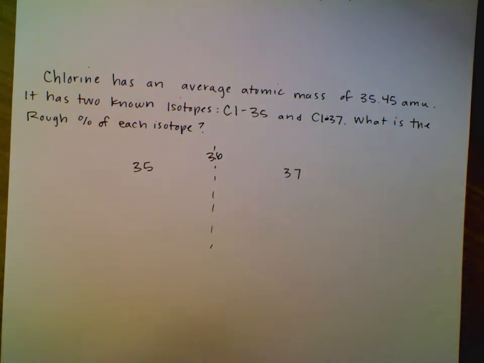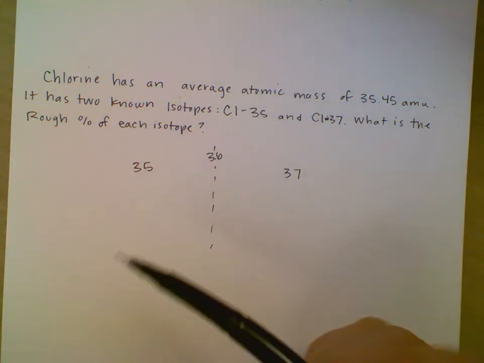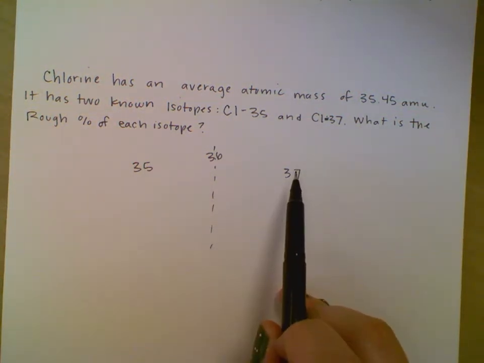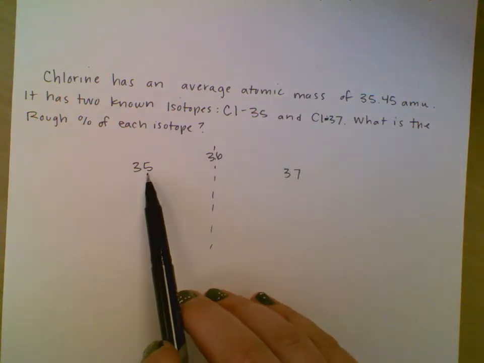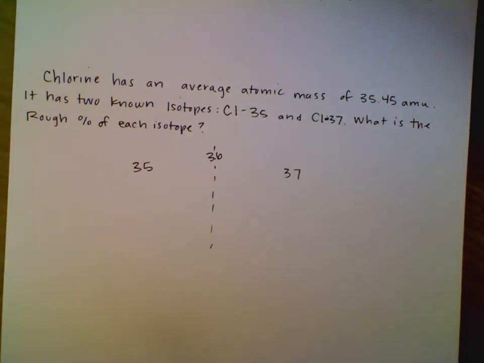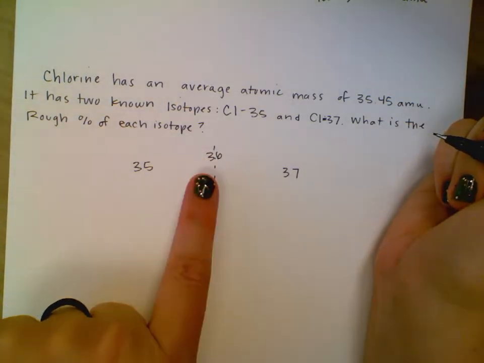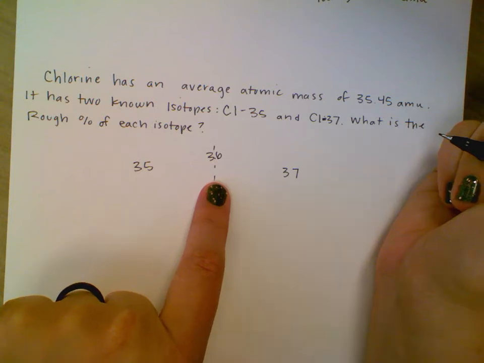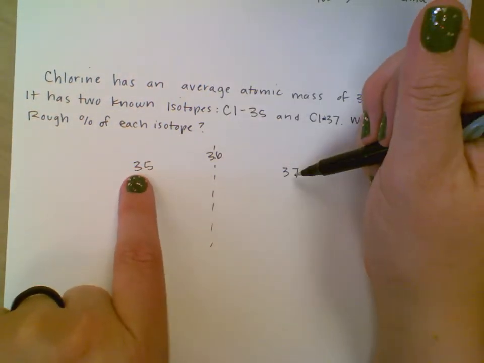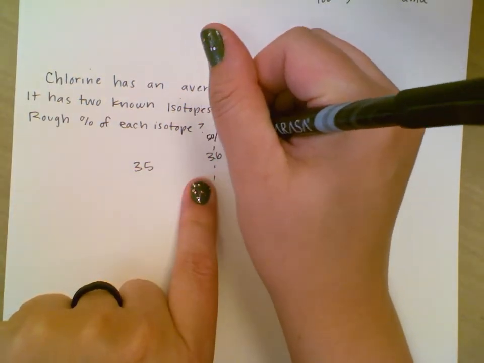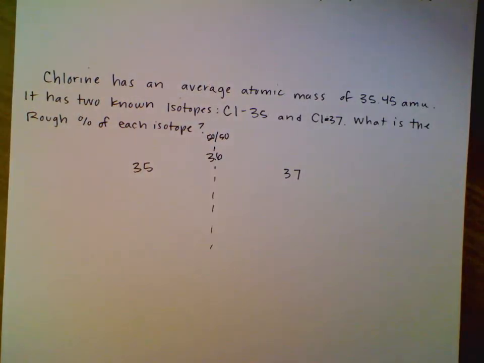So when we think about average atomic mass, because it's a weighted average, if the two isotopes' abundances were perfectly equal, we could just do an average of 35 plus 37, and if we divide that by 2, we get 36. So 36 here, this number in between, is not an isotope of chlorine that exists, but if we had exactly 50% of each, our average atomic mass would be 36, okay?